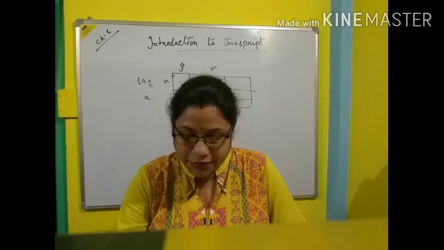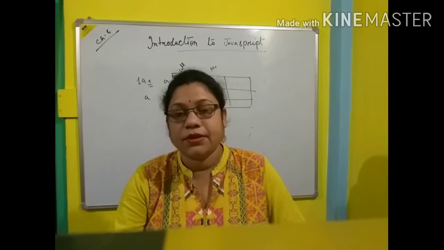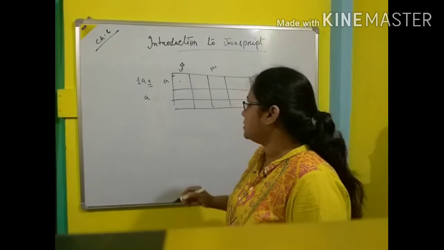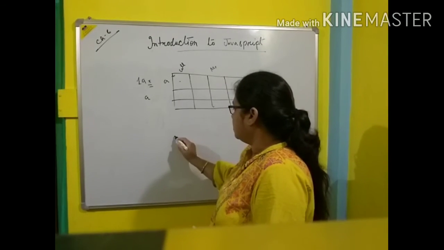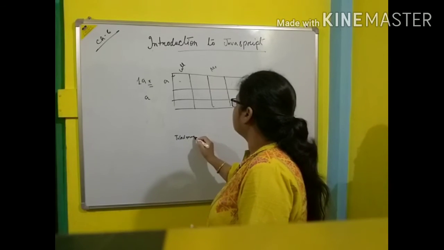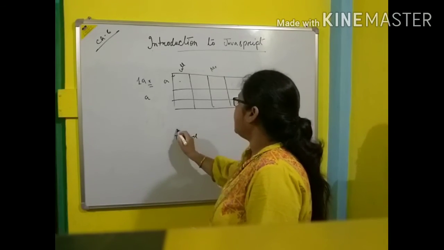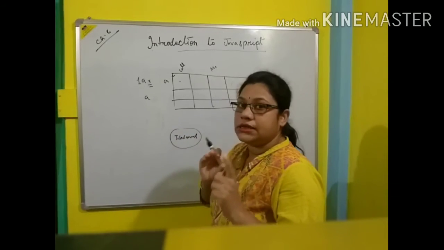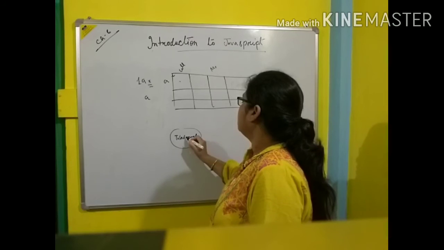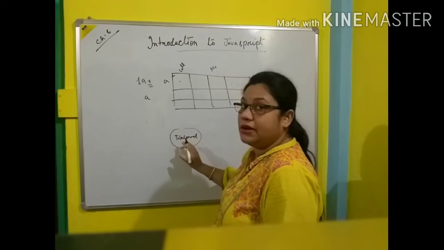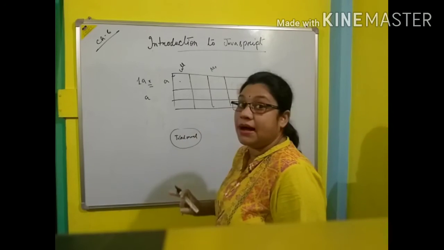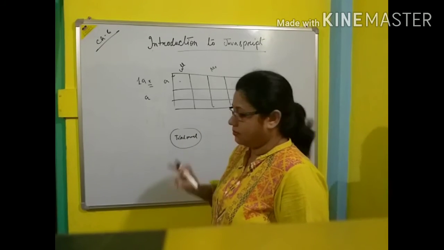You cannot have a space in a variable name. That means whenever you declare a variable, suppose total marks, this is one variable name, but when you declare it, you cannot give a space between total and marks.